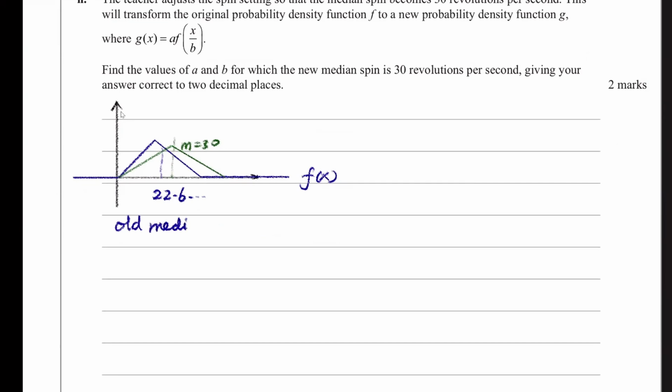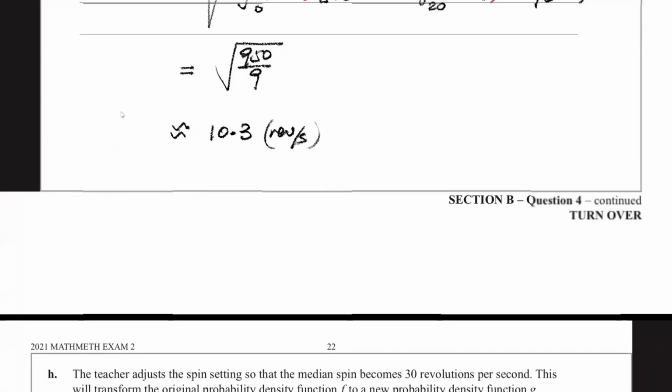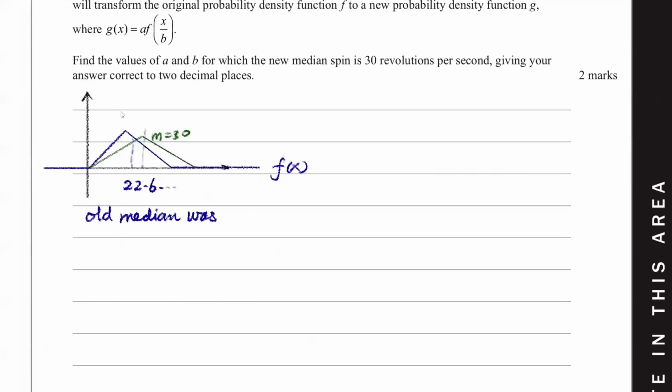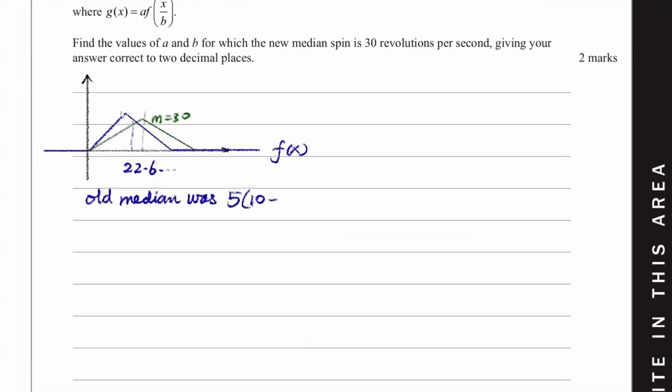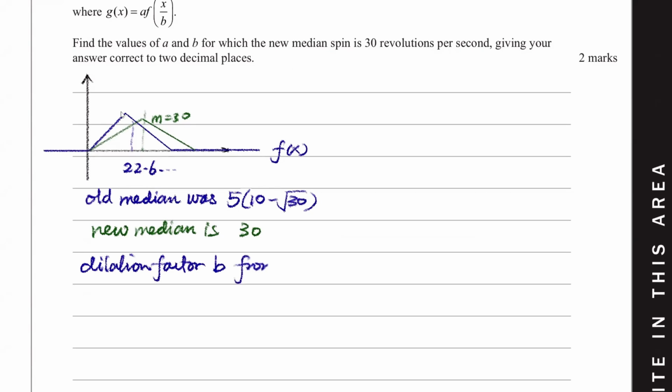Old median was 5 times 10 minus root 30. New median is 30. So dilation factor B from the y-axis.